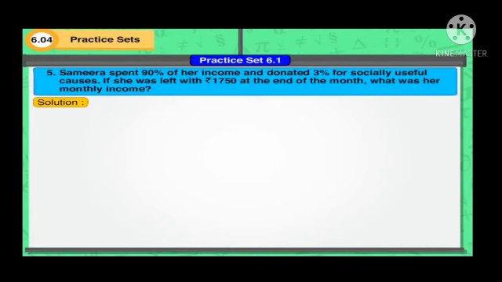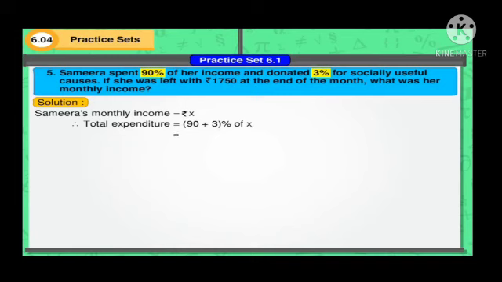Solution. Now let us consider Samira's monthly income as rupees x. Now her total expenditure is 90% she spent of her income and 3% on social cause. Therefore, total expenditure is equal to 90 plus 3%, that is 93% of her monthly income.